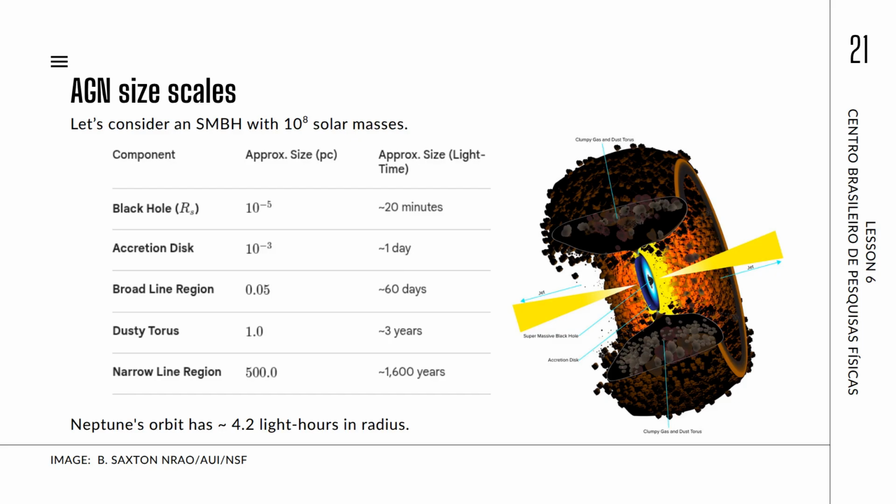So we have the black hole, the accretion disk, and here we start the torus, and this section is of the order of a few light years.